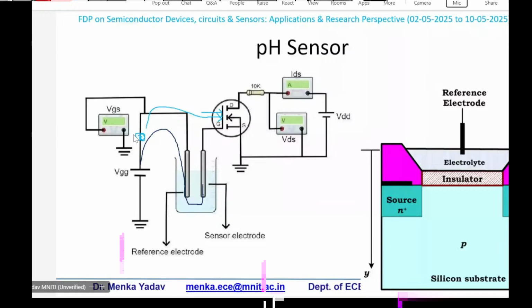So now if you are applying some voltage in a particular liquid, because of its ions its characteristics are being changed. Let's say some resistance is offered by it, and there is some drop across it.